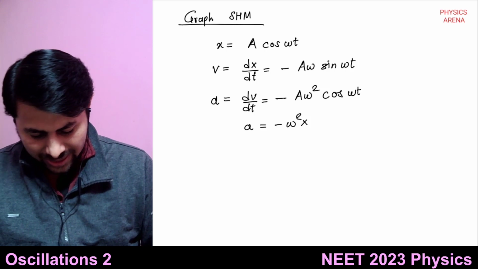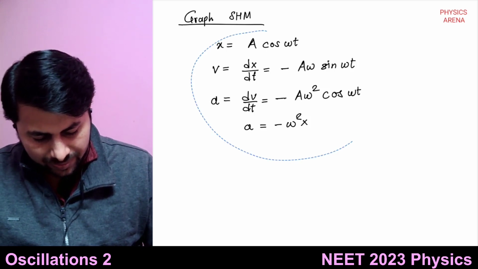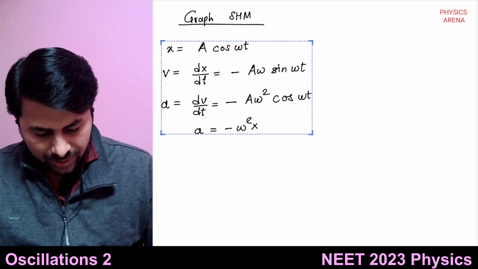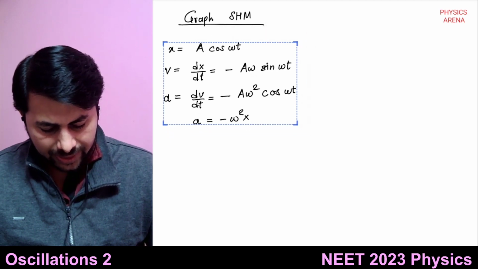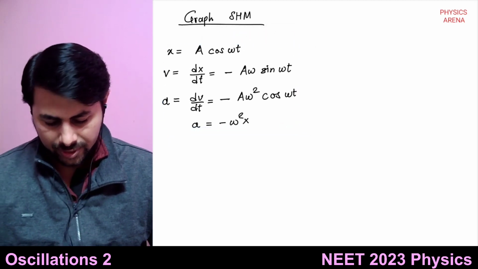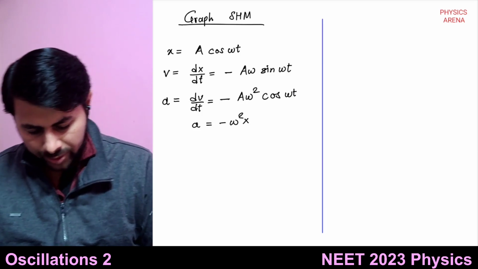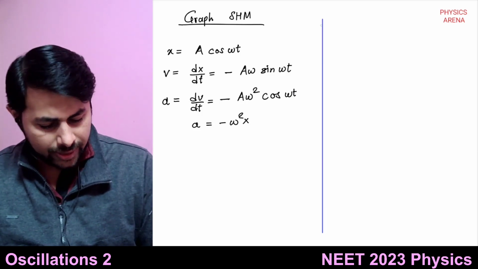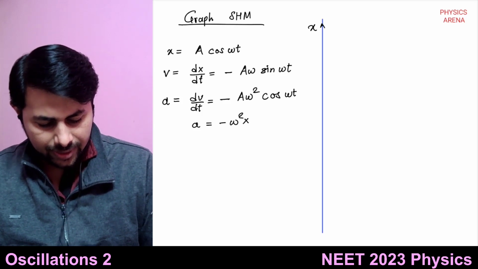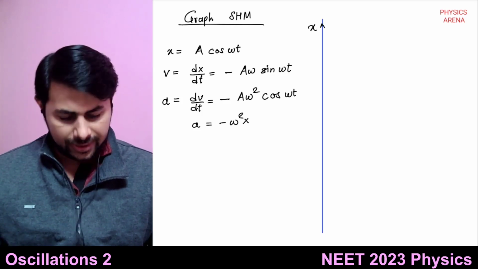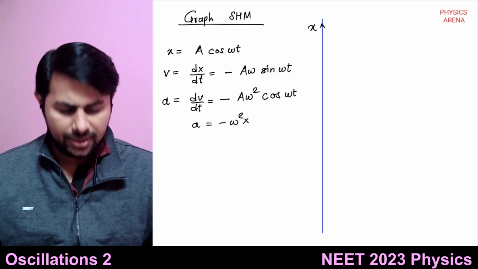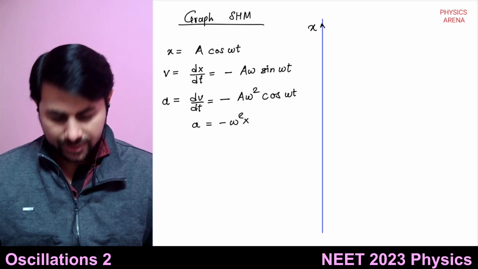So these are our equations. Now let us try to plot them. I'm going to plot the displacement, the velocity and the acceleration on the vertical axis and time on the horizontal axis.